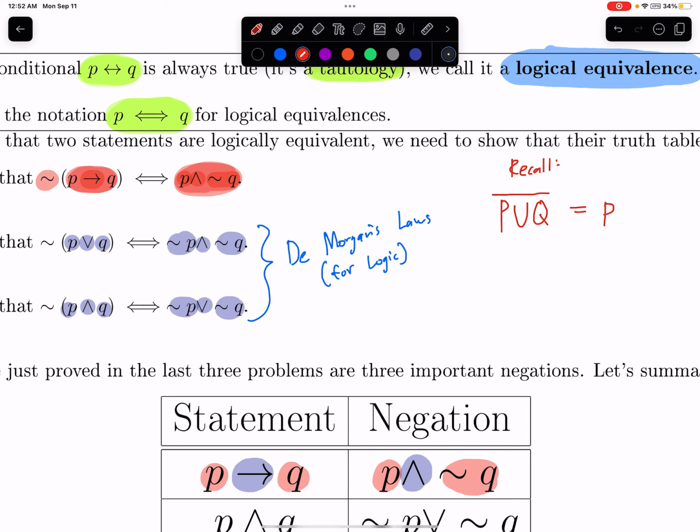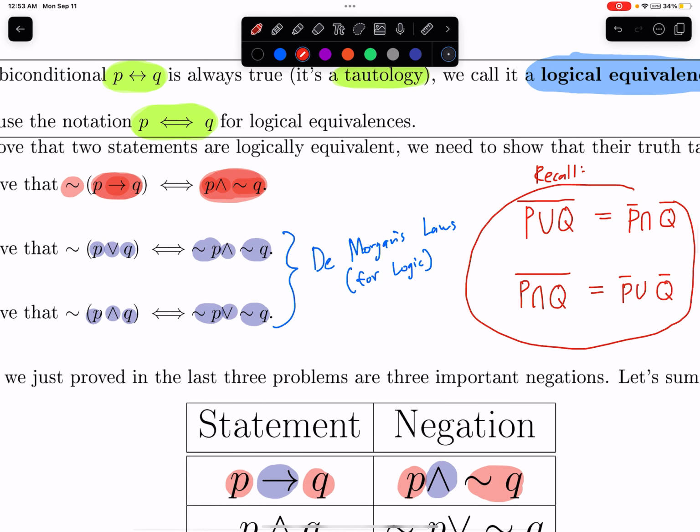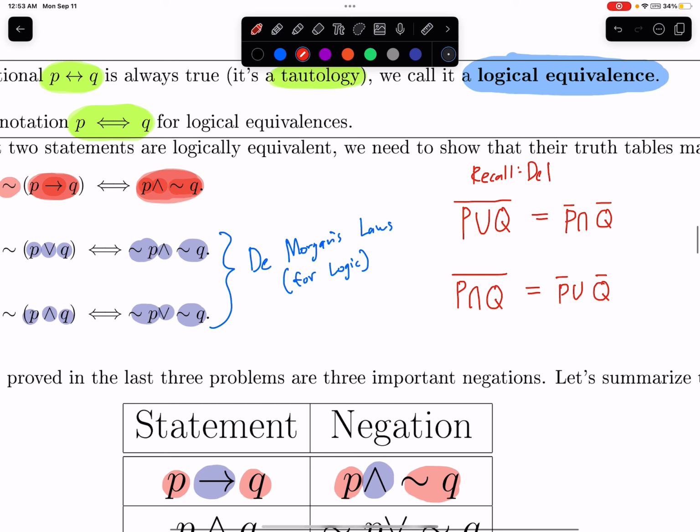Or the other half of De Morgan's laws was, if I started with an and and I want to negate that, I would split that negation to either side and switch to a union. Now compare this here to that there and see that it's basically the same, right? If I convert my symbols from set theory to logic, it's really the same. That's why they're both called De Morgan's laws. This one on the right was De Morgan's laws as well, but for sets.